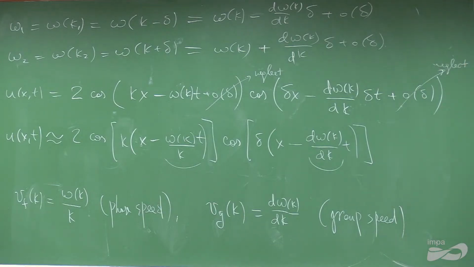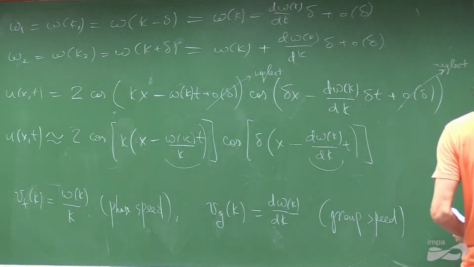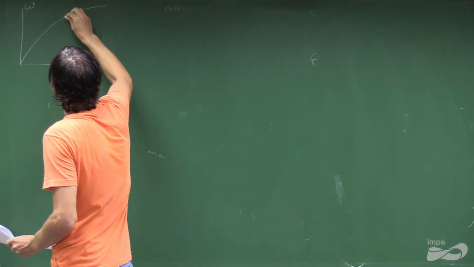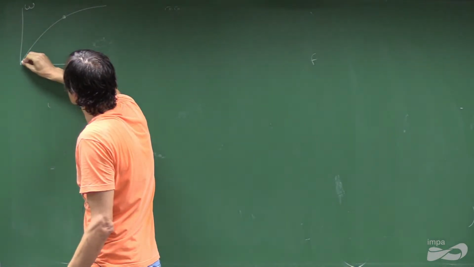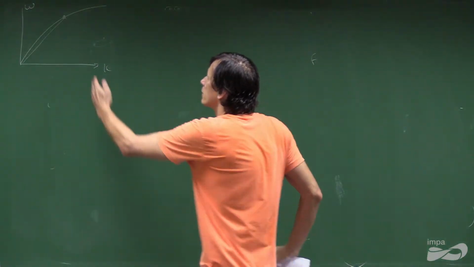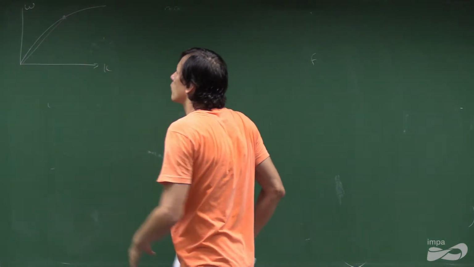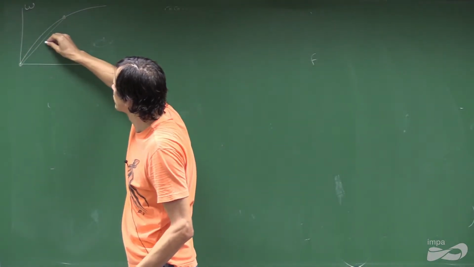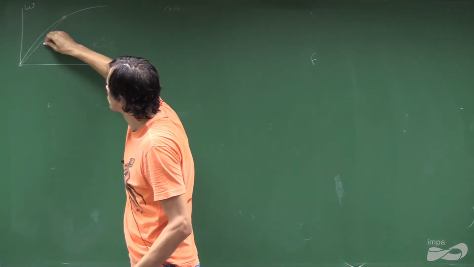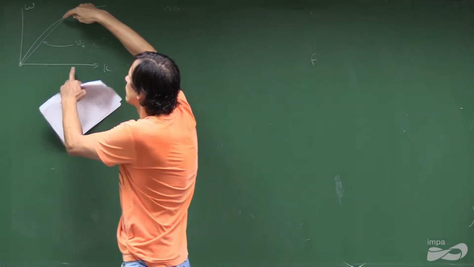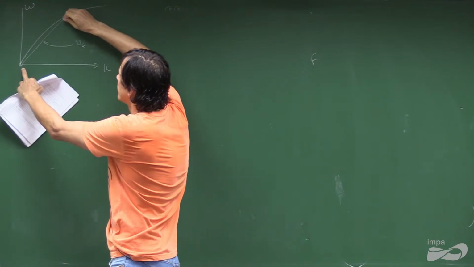So graphically, whenever you have a dispersion relation, and you take any value of k, the coefficient of the line which connects 0 with this value will correspond to the phase speed, right? So omega divided by k.